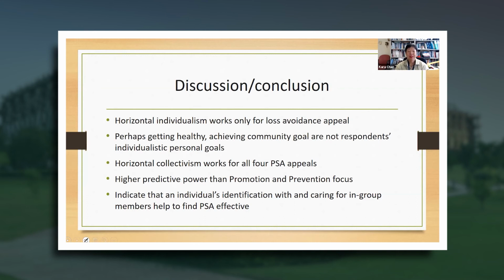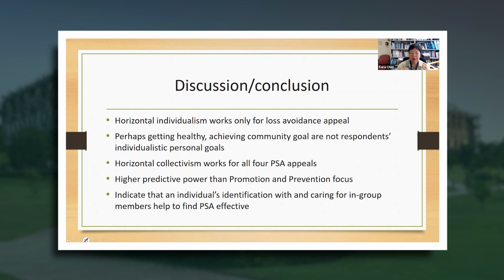We find that the horizontal collectivism variable even has higher predictive power than promotion or prevention focus, which is quite a surprise to us. That means when these adolescent respondents respond to PSAs, they are not really thinking about achieving something or avoiding something.